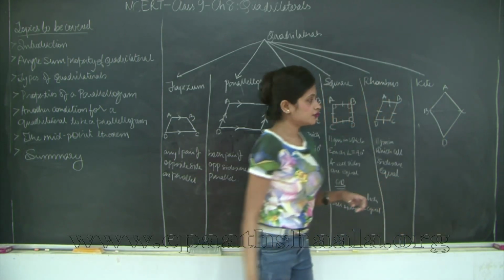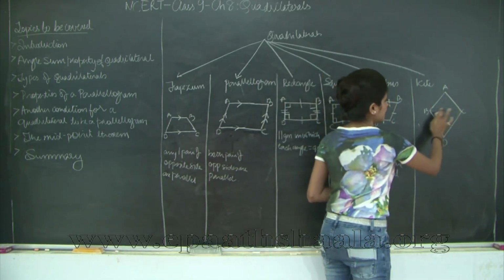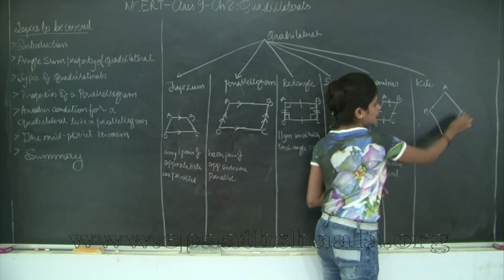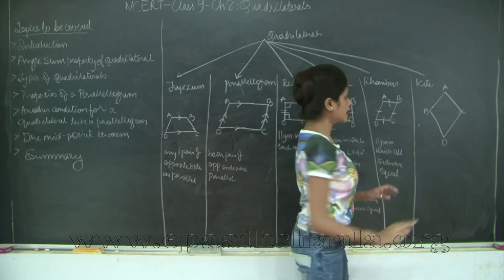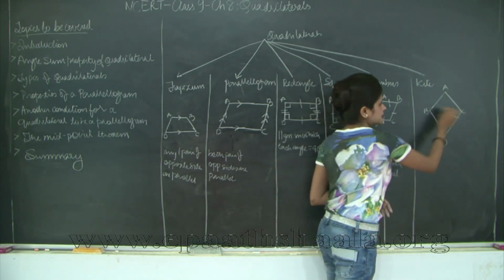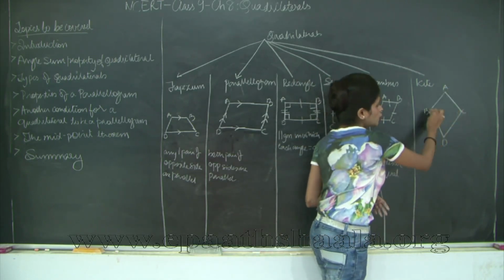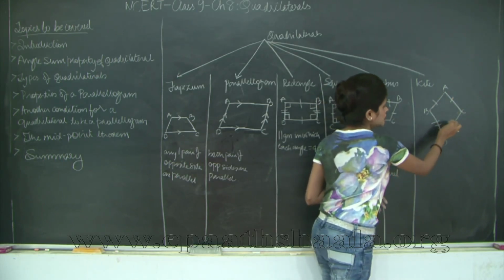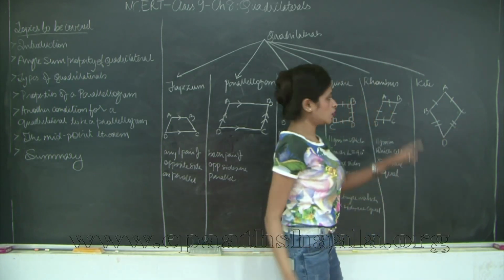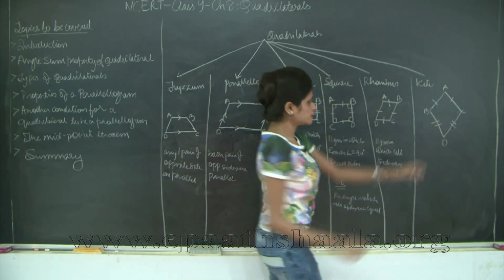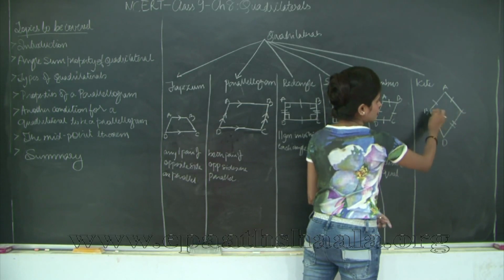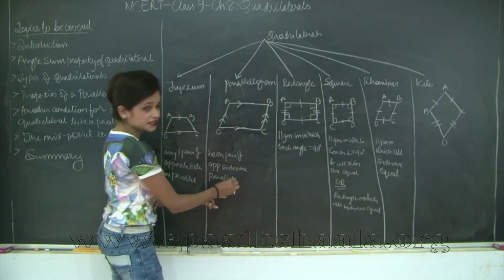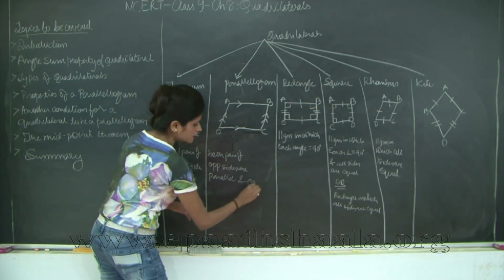Now ABCD, if you notice over here, is a quadrilateral in which a pair of adjacent sides are equal. It is not a parallelogram. Why? Because AC is not going to be equal to BD. I have AB equal to AC and BD equal to CD. So ABCD is a kite in which the adjacent pairs of sides are equal. It is not a parallelogram. In a parallelogram we have opposite sides parallel and equal.